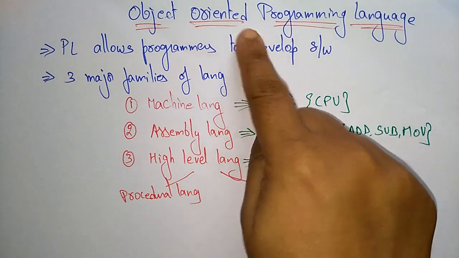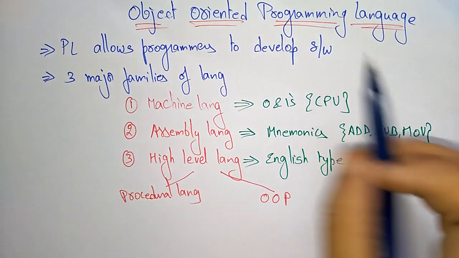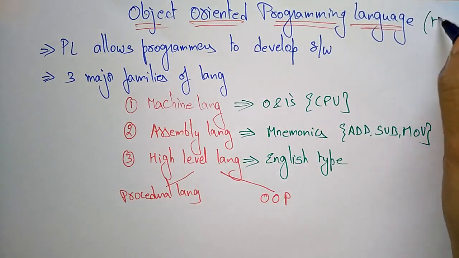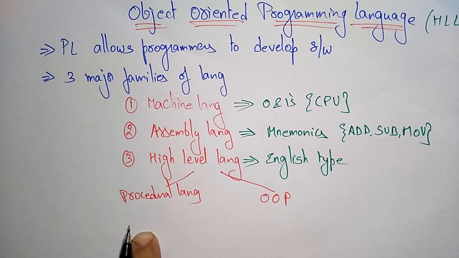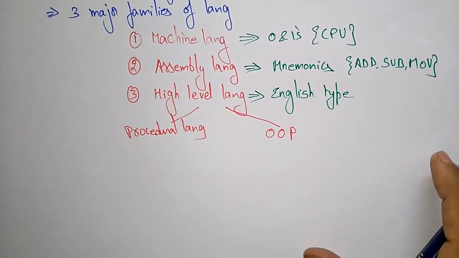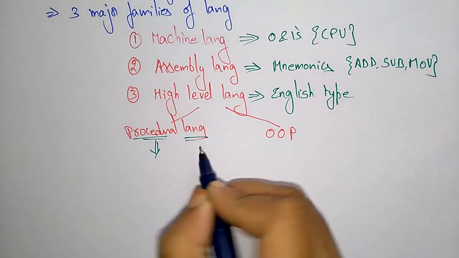So now we understood that object oriented programming language is one of the high level languages. This high level language may be the procedural language or the object oriented programming language. So let us see the difference. What is this procedural language?